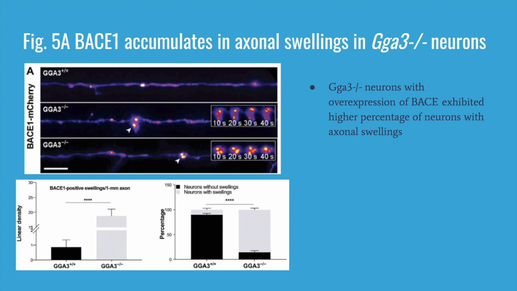As you can see in both of these two cases, the linear density in the GGA3 deletion neurons is significantly higher than the neurons with GGA3, and then the percentage of neurons with swellings is significantly higher in the GGA3 deletion neurons, and they found that about 90% of these neurons had axonal swellings. So overall, they were finding that the overexpression of BACE1 in the GGA3 deletion neurons exhibits more axonal dystrophies.